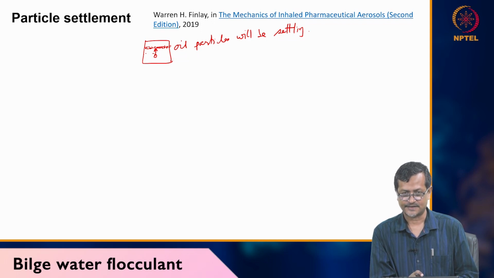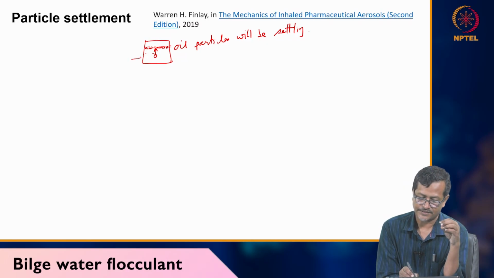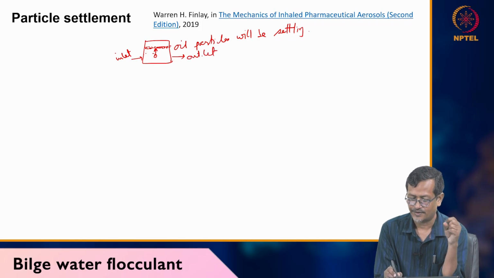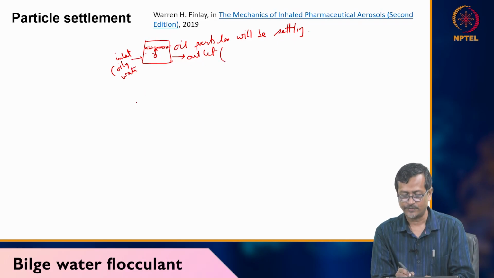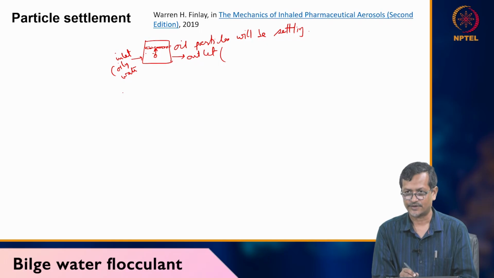Settling tank sizing, for example: the input is here and the output is here, say inlet and outlet of water. Inlet may be oily water, and outlet also will be oily water, because 100% oil you cannot remove from here.